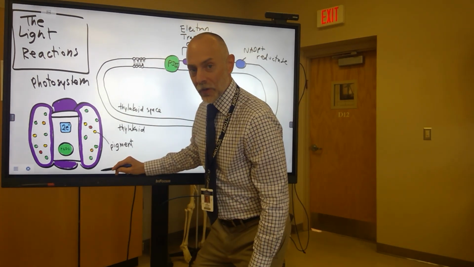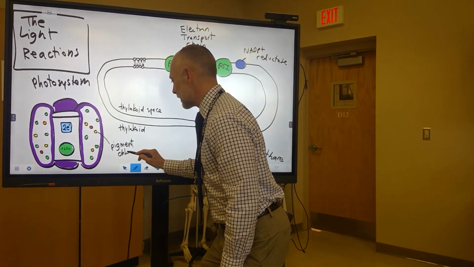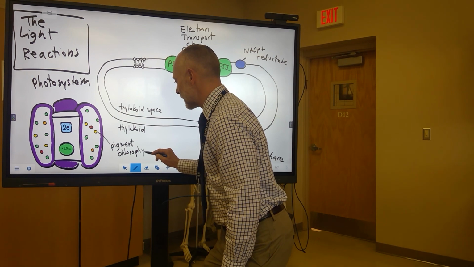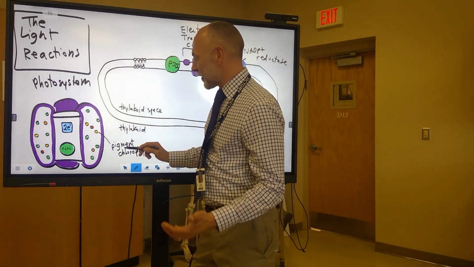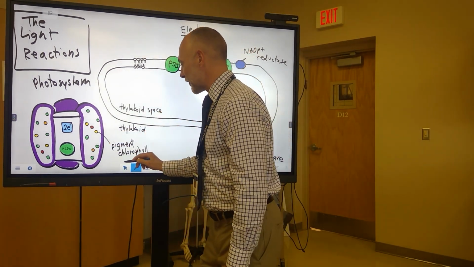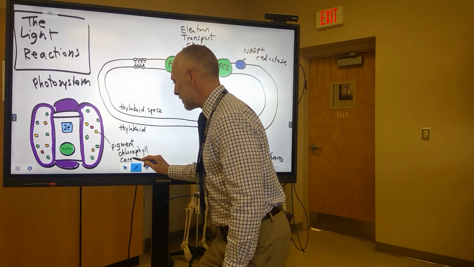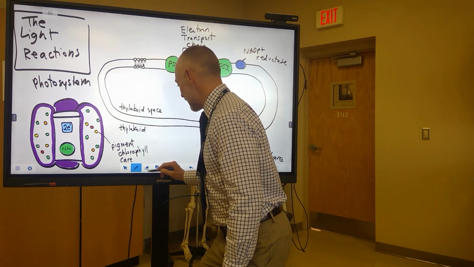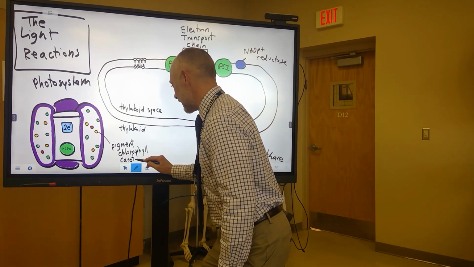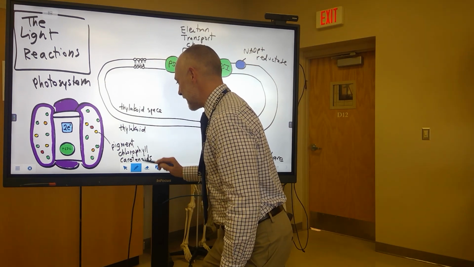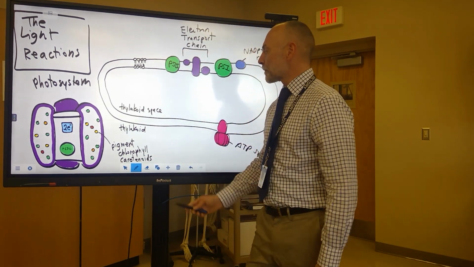The green ones are chlorophyll. The yellow ones are like xanthophyll. The orange ones are carotenoids, which tend to be oranges and reds in color.